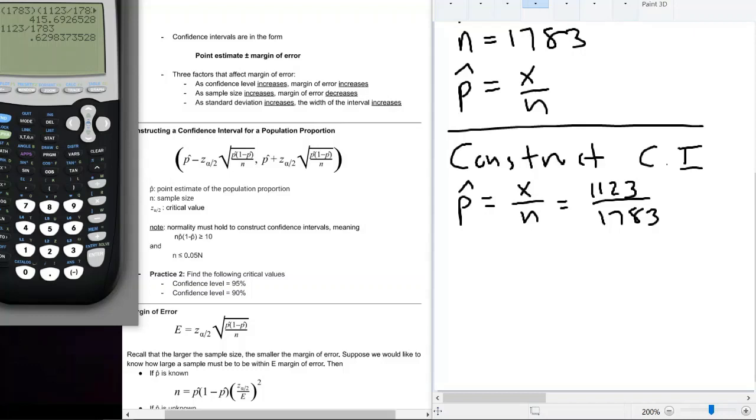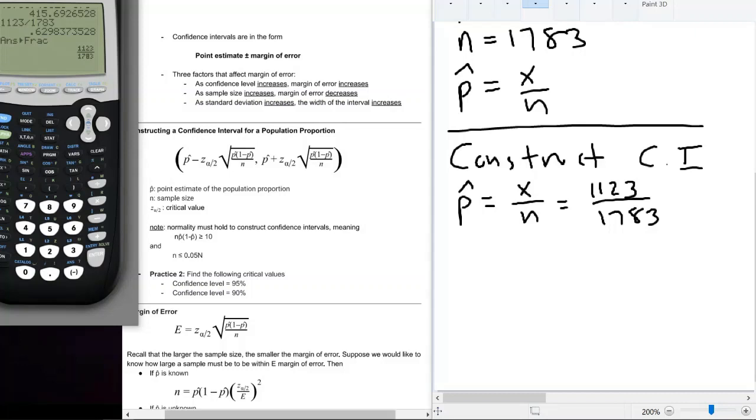You can also try to simplify if we wanted to. By the way, in the calculator, to simplify this fraction, you can hit math and then hit number 1, and what this is saying is turn my decimal into a simplified fraction.